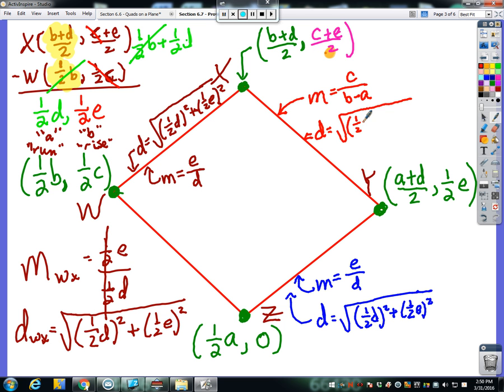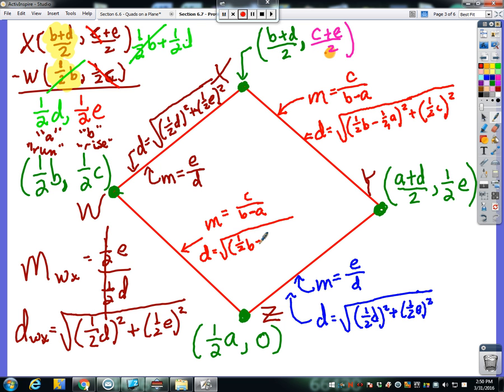It's half of b minus half of a, quantity squared, plus the quantity half of c, squared. And for the fourth side, I get the same two values as I did for its opposite side. Which again tells me that since the slopes are equal, these two sides are parallel, and they're also of congruent length.